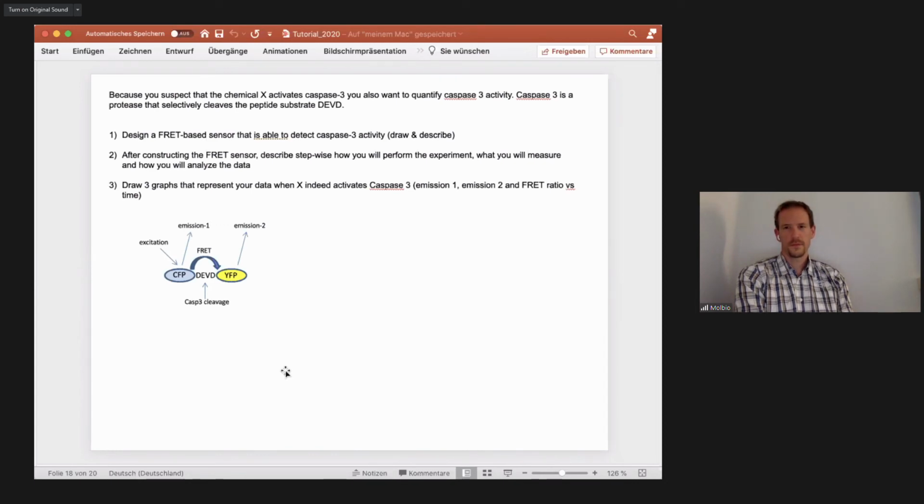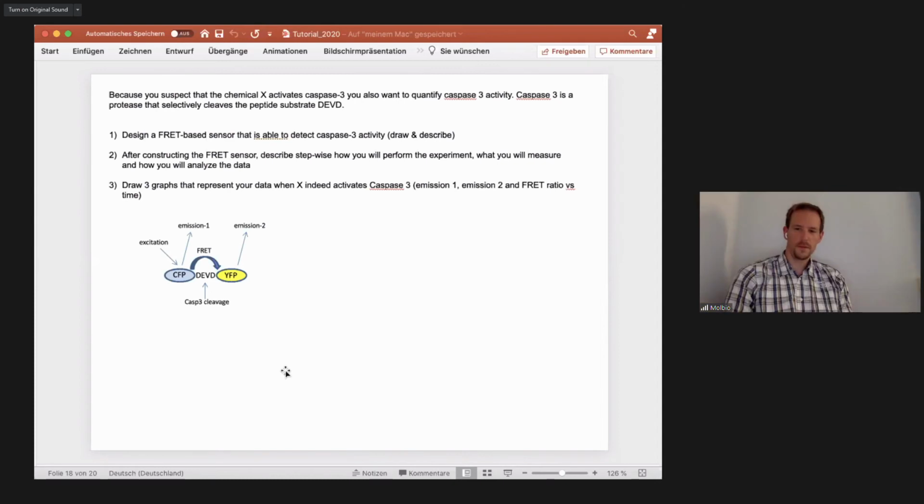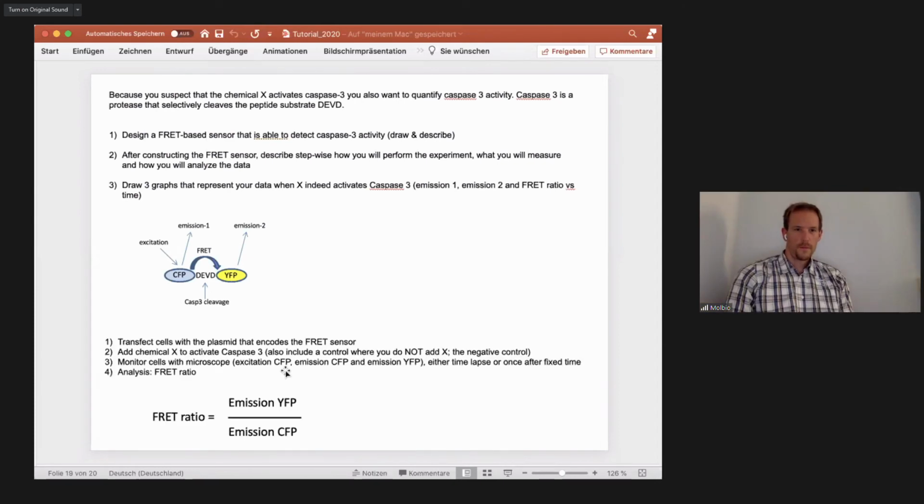By deducting it from the wavelength emitted by YFP. It's a ratio of emission 2 divided by emission 1. So YFP by CFP? Yes. So the higher emission by the lower.